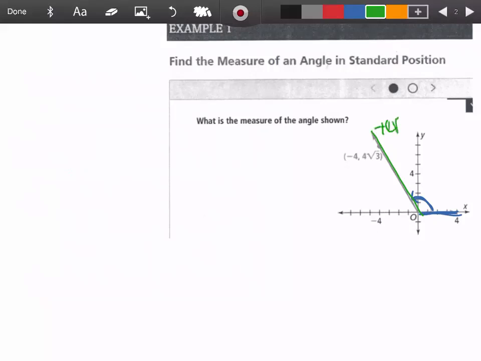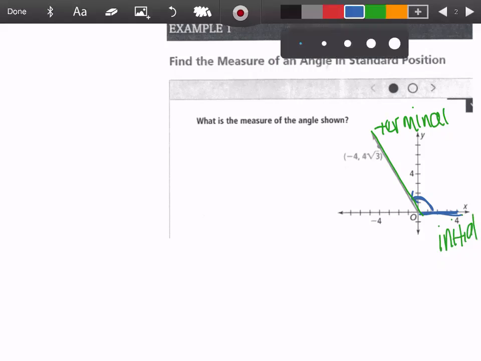So what we're looking for is this angle in here. This is theta. But we don't know anything else other than theta, the initial side of the angle, and the terminal side. We do know this point, and that's going to help us out.